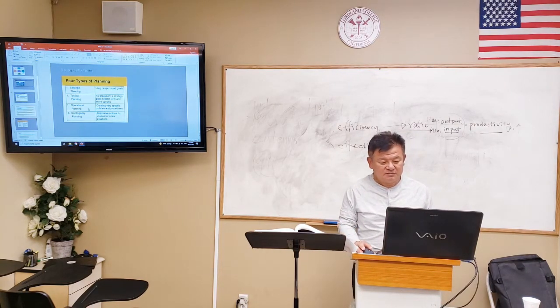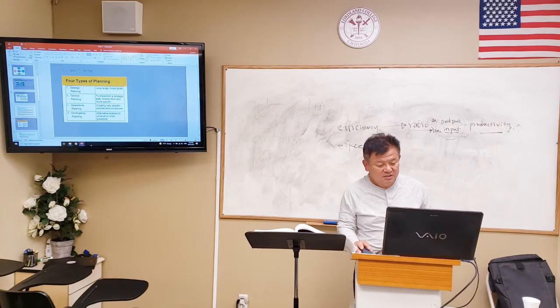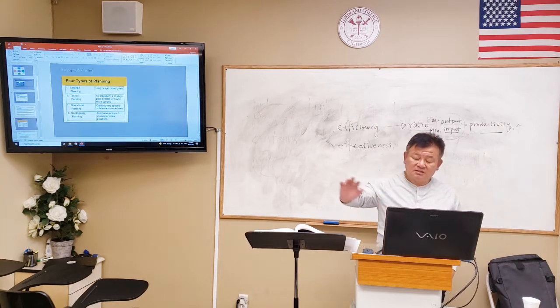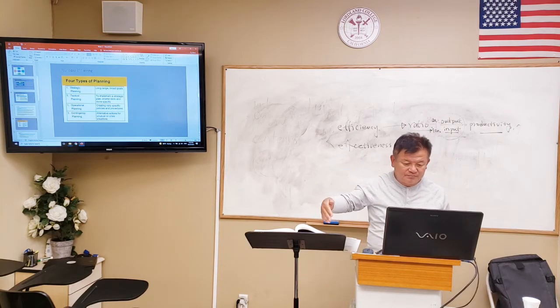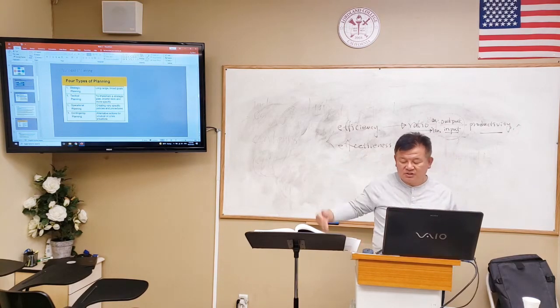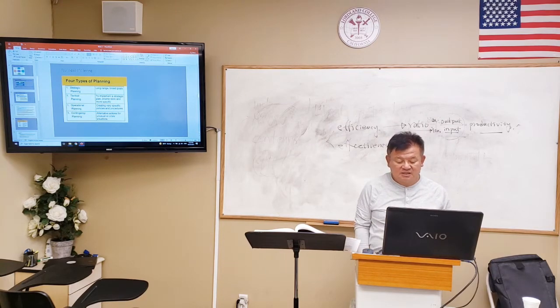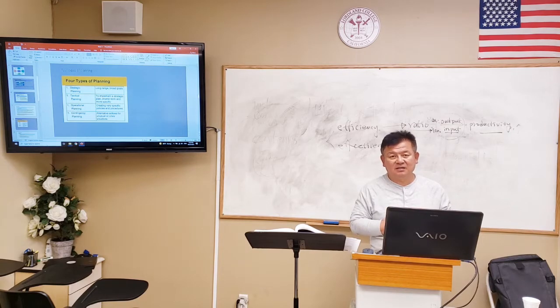Contingency planning is alternative actions for unusual or crisis situations. In the process of the plan, if there is a crisis or unusual situation, at this time we have to make some emergency plan. This is contingency planning.